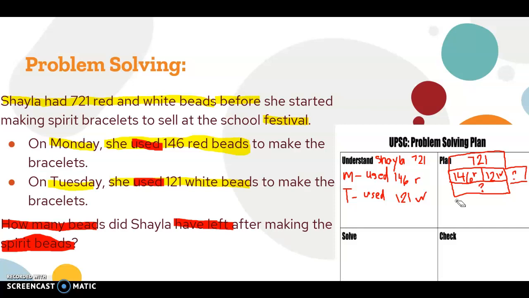So what we really want to focus on today is that you're understanding the problem, what it's asking. You're understanding that you have some action words or vocabulary words in the problem to give you clues on how you're going to solve it, how to plan it, and what operation you would use to solve it using the clues that we have highlighted.